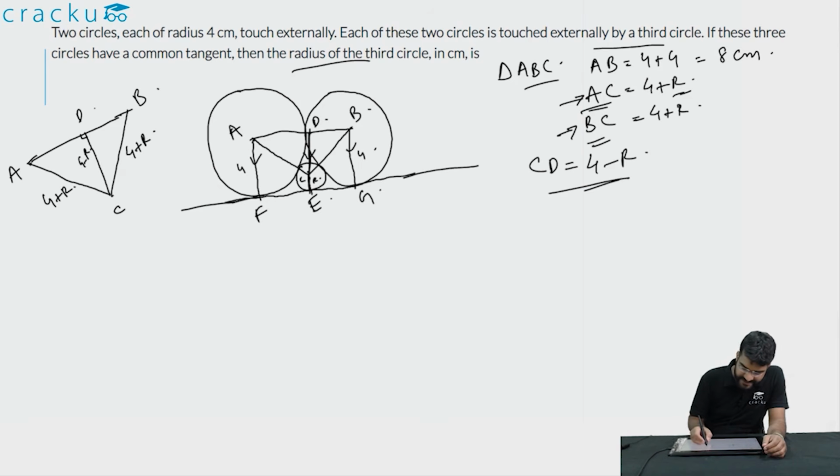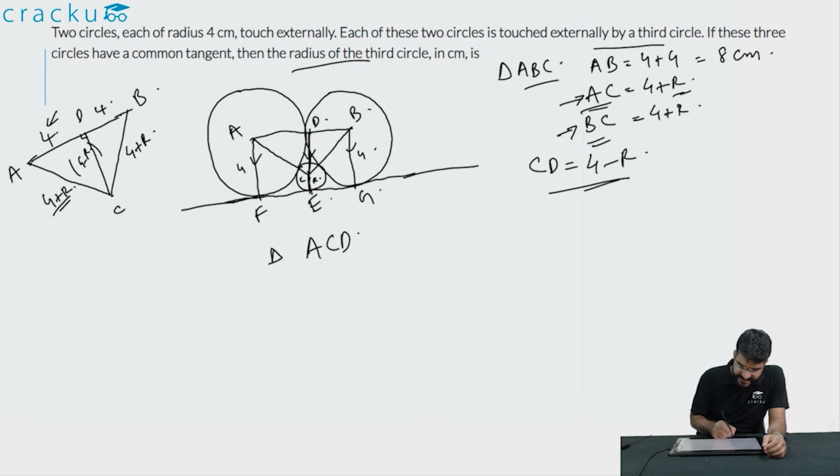And we know that AB is equal to 8. So basically BD is equal to 4 and AD is equal to 4. Now using this you can easily calculate the length of R. How can we do this? If you consider any one of the triangles, say ACD, this is a right angle triangle where 4 plus R is the hypotenuse and the two sides are 4 and 4 minus R.